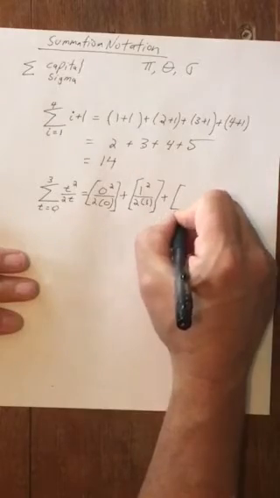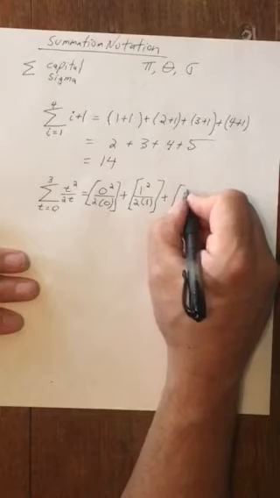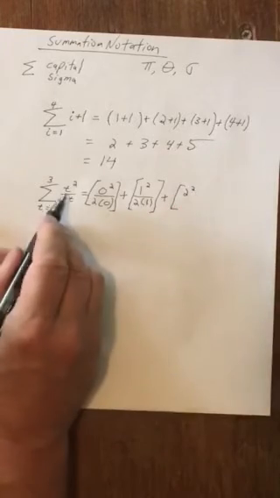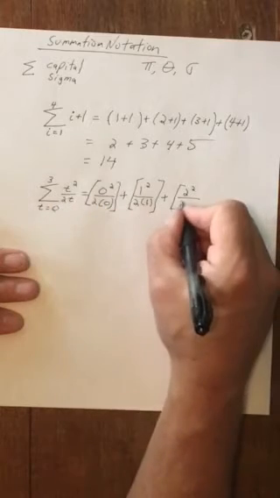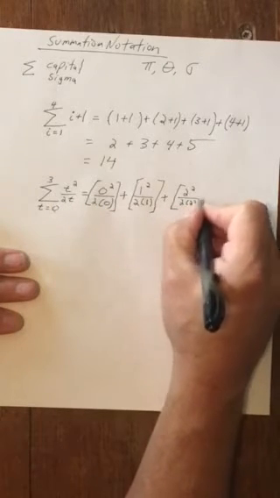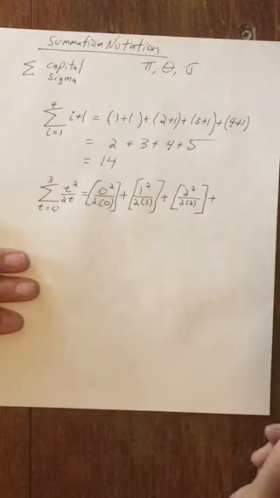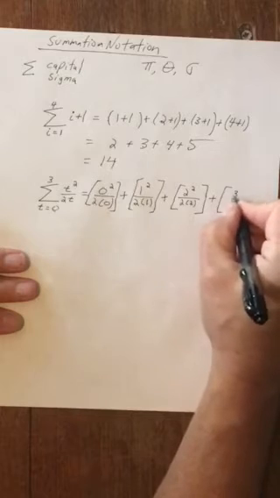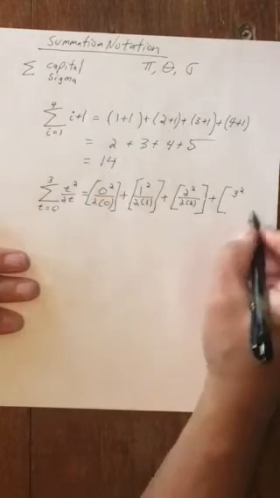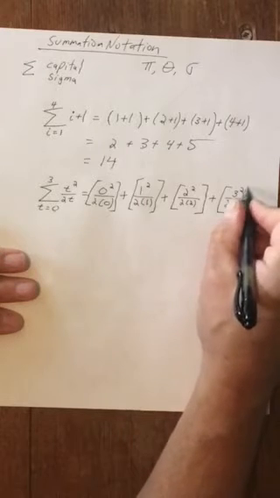And then we did 0, we did 1, and now we're going to do 2. So 2 squared, and then 2 times 2. And then the next one would be 3 squared, all over 2 times 3.